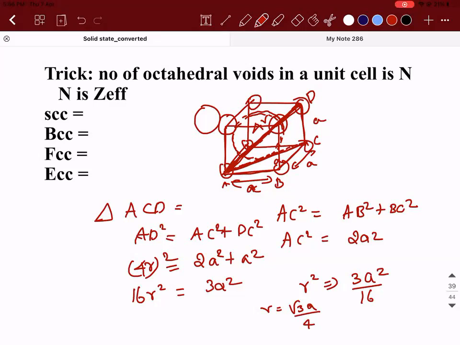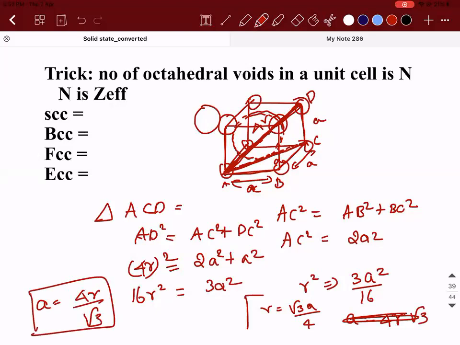Clear? So now A is equal to 4R by root 3. I was getting confused. This is not as simple as FCC.